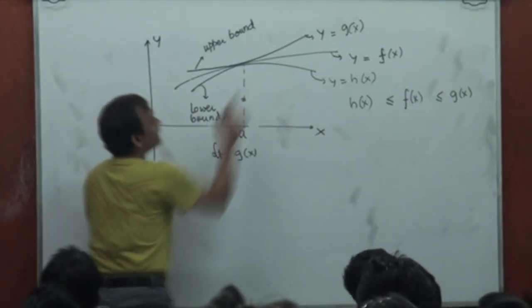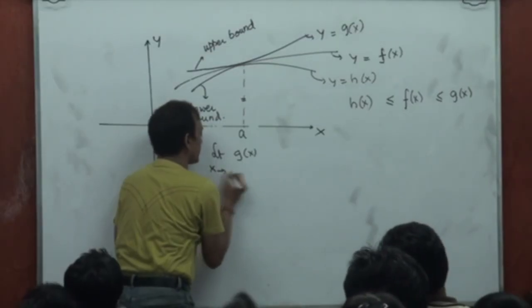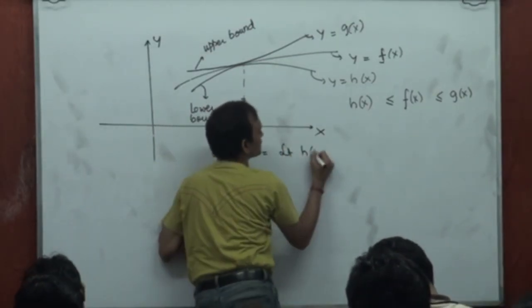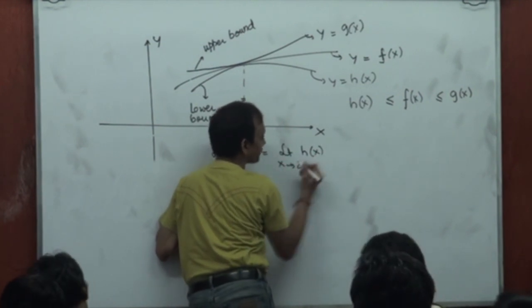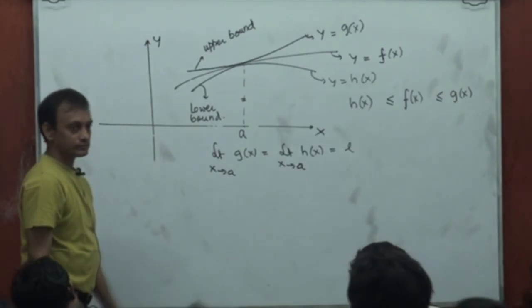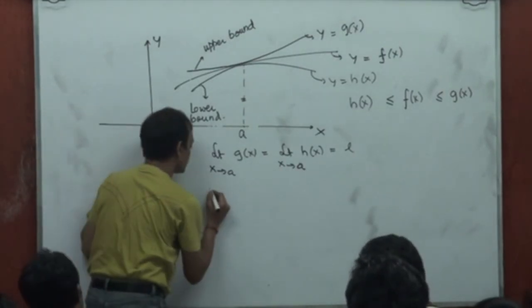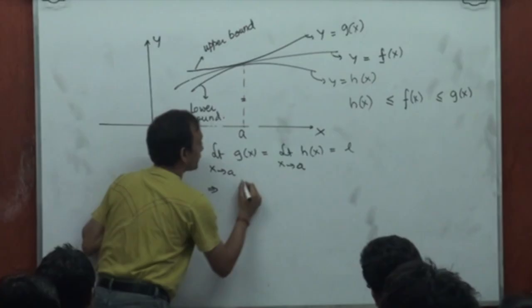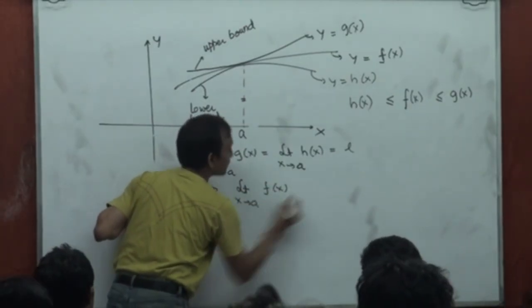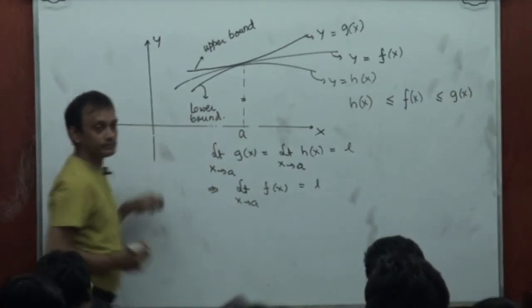And if the limit of g(x) as x tends to a is equal to the limit of the lower bound function h(x) as x tends to a, each equal to L, then it would imply the limit of f(x) as x tends to a is also equal to L.